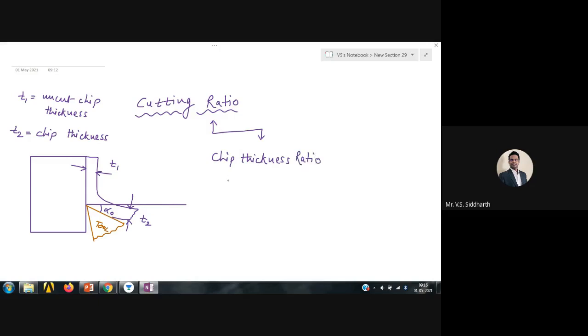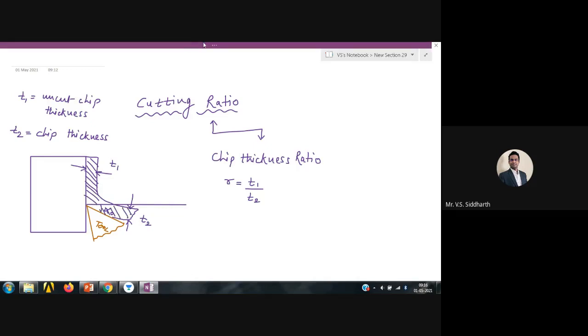This chip thickness ratio is denoted by small r, and it is the ratio of the uncut chip thickness to the chip thickness. Okay. Now you have to tell me that this ratio of uncut chip thickness, I have given you three options. Basically, it is the ratio of this to the ratio of this.